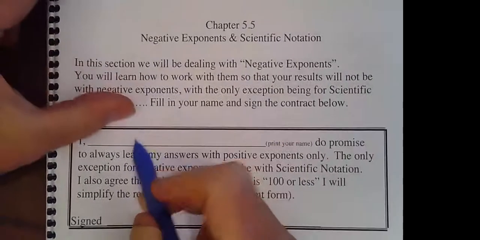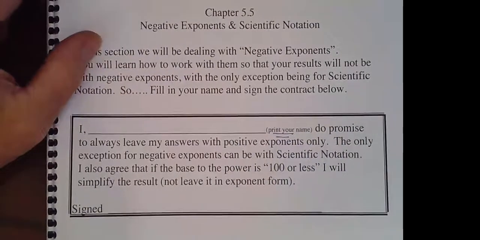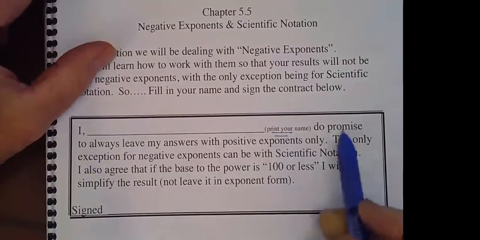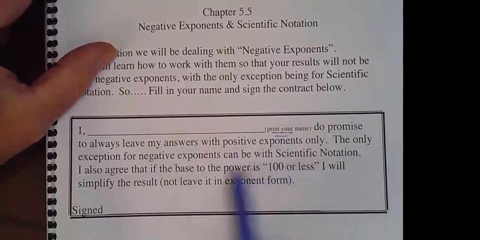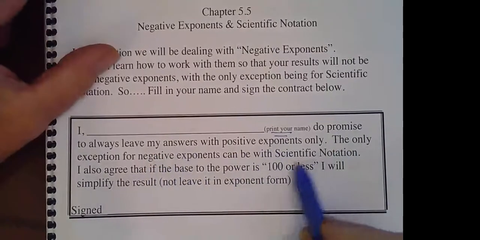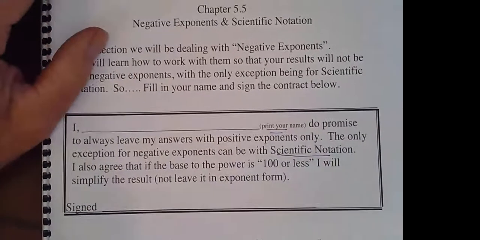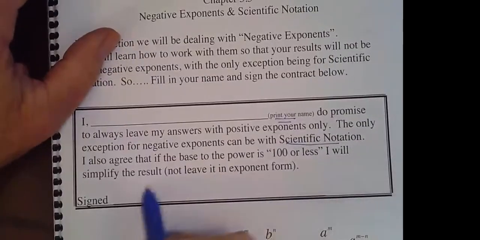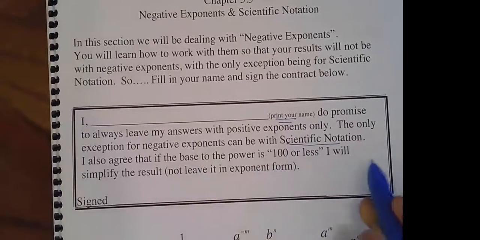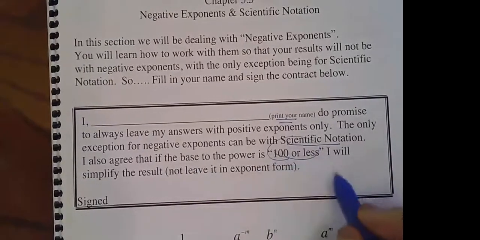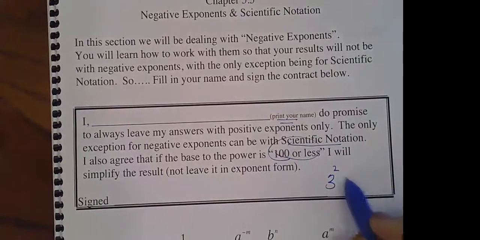So you could put your name in here, or just remember that you're not going to have any negative exponents, positives only. The only exception is something called scientific notation, which we're going to take a look at today as well. You're also agreeing that if you have, say, 3 to the second, you don't leave it as 3 to the second, you give me 9.